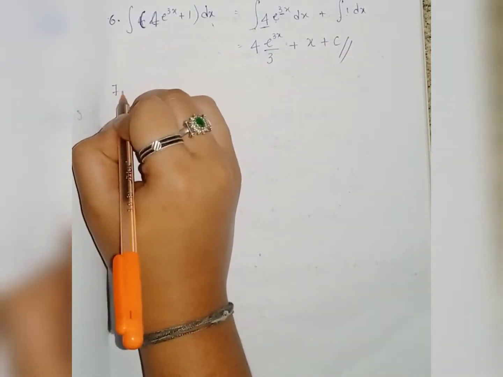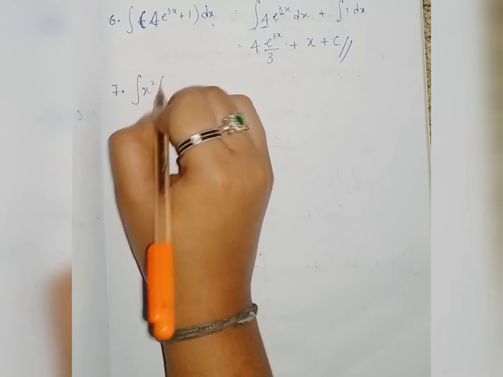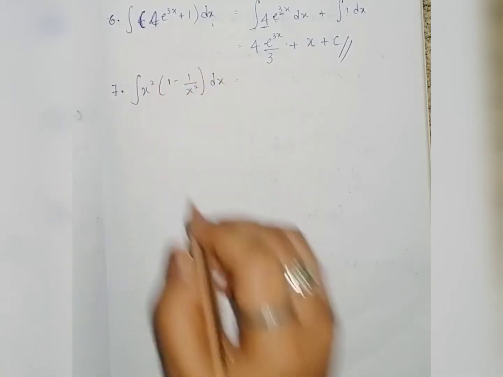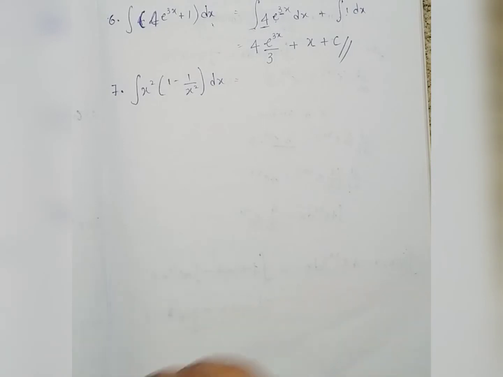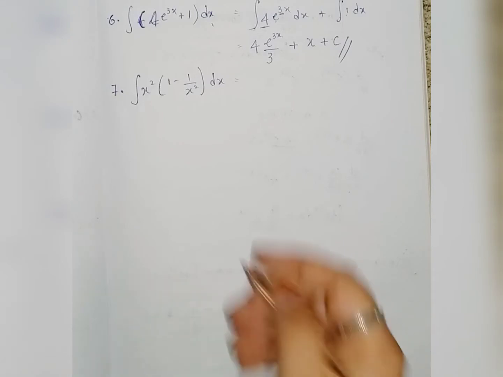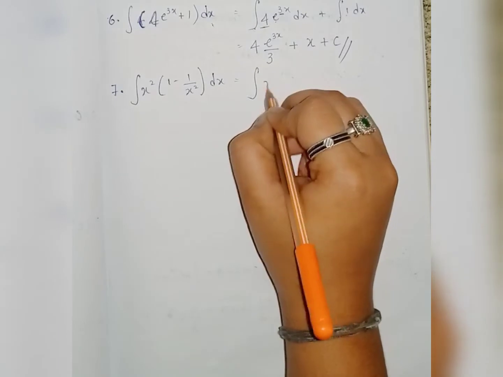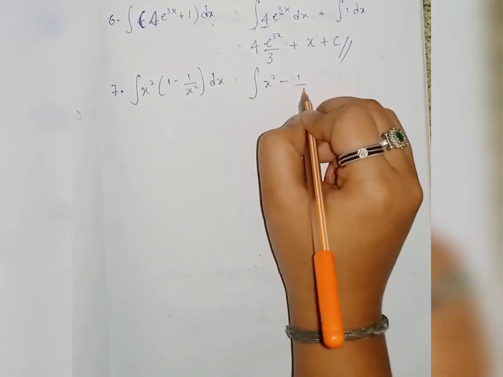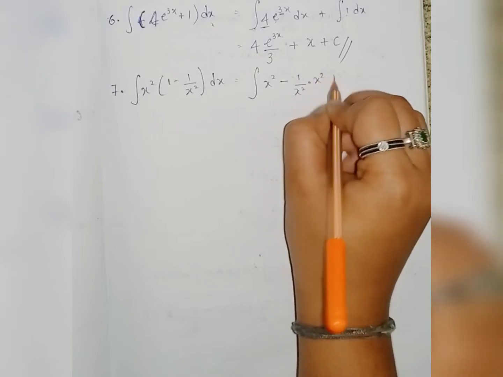And then the seventh problem, integration of x square into 1 minus 1 by x square dx. As I have already told, there's no product rule or division rule in integration. We just have to multiply inside everything. Integration of x square minus 1 by x square into x square dx, right?